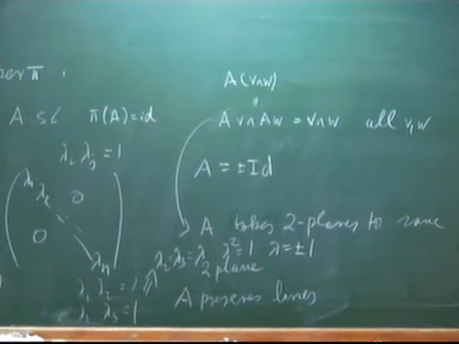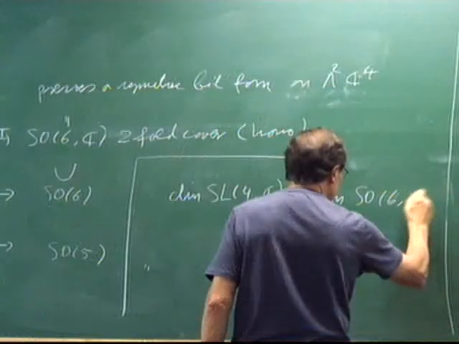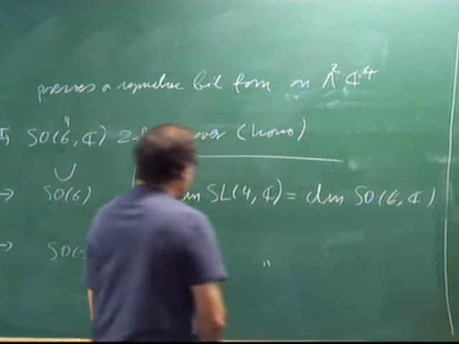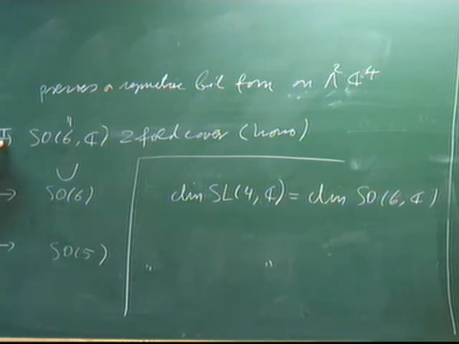Last thing, I have to observe that the dimension of SL4C is equal to the dimension of SO6C. I'll leave that up to you. So what do I have now? I have a homomorphism of the same dimension. Kernel is Z2.